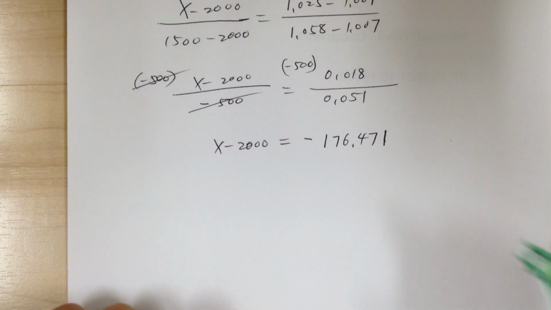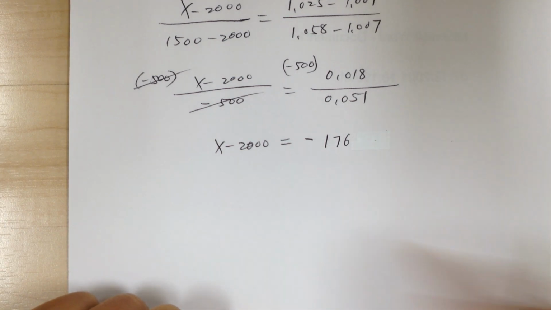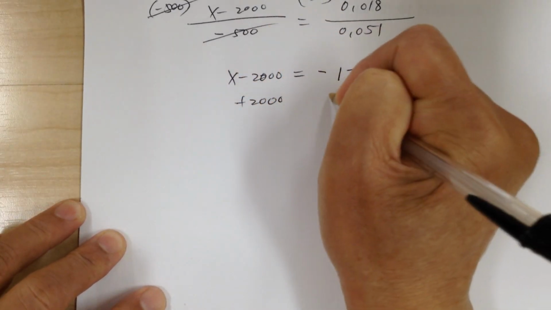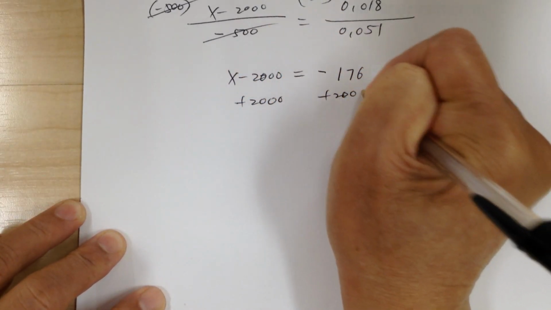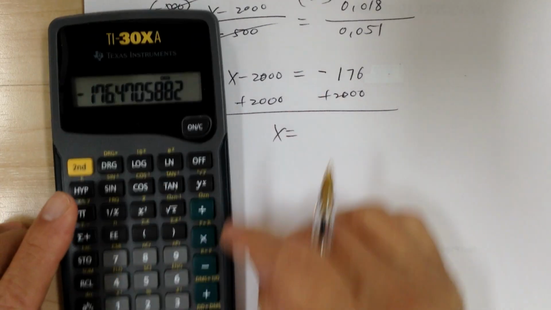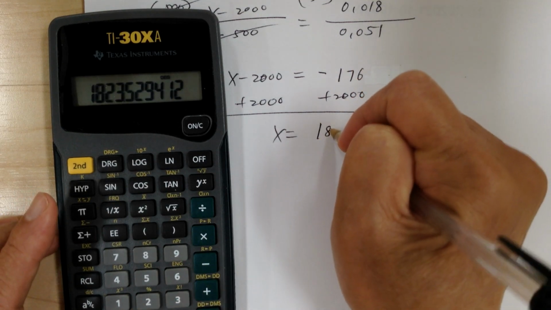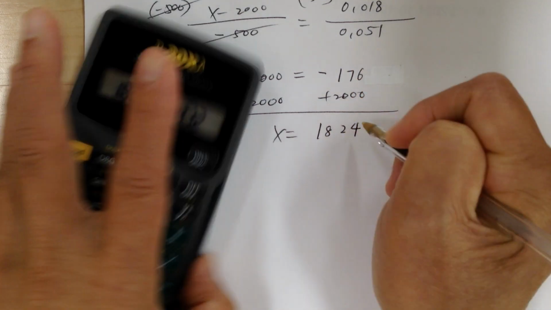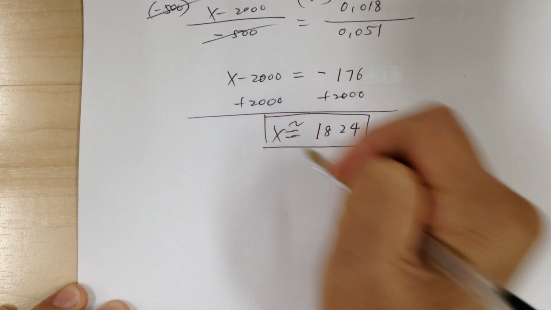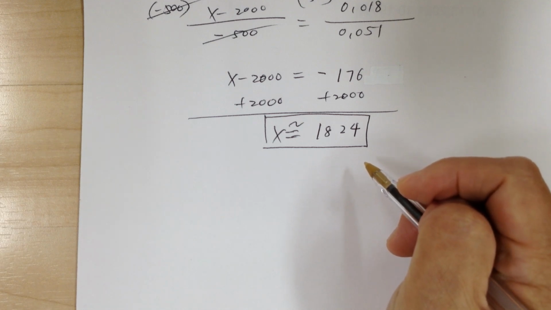The x does not have a decimal, so you can drop these and just put negative 176. Then plus 2,000, so x equals approximately 1824.